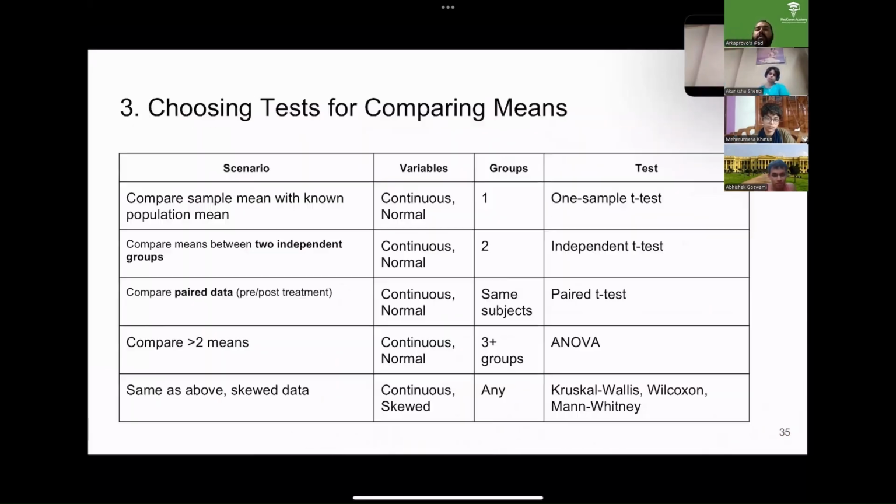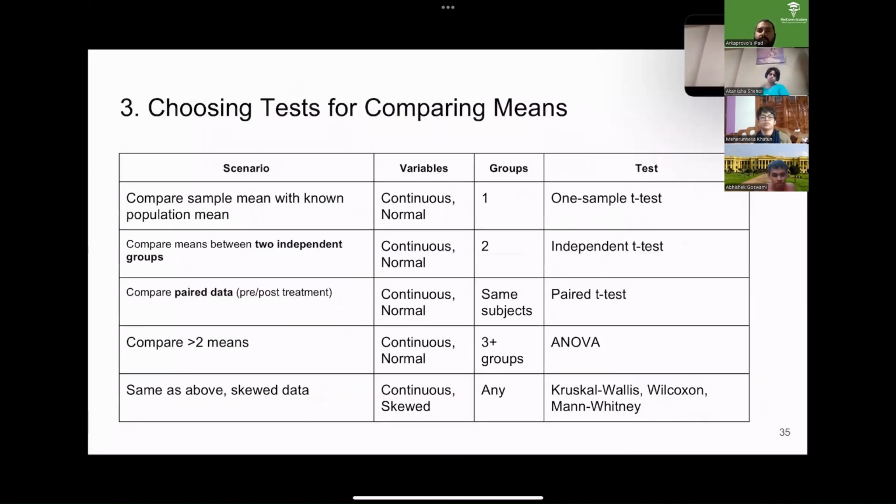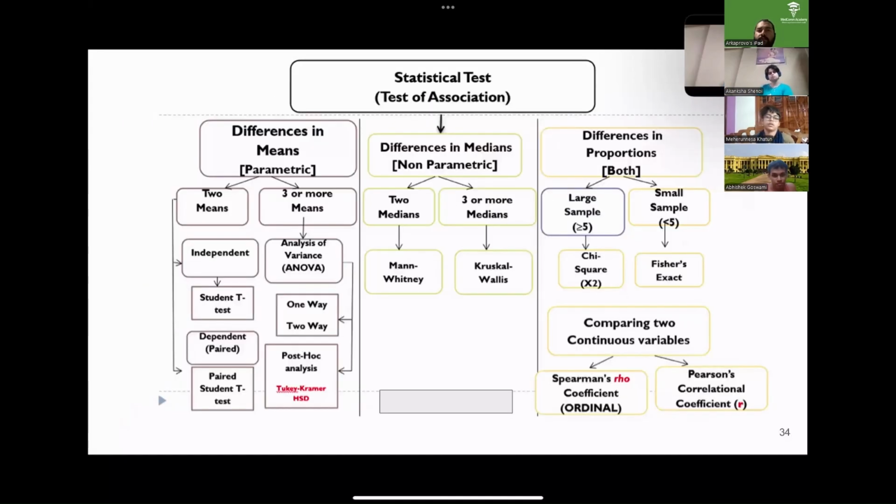So that can be done with, when two means are there, we are comparing two independent populations, one from Kolkata and one from Delhi. So we can do it using student t-test.